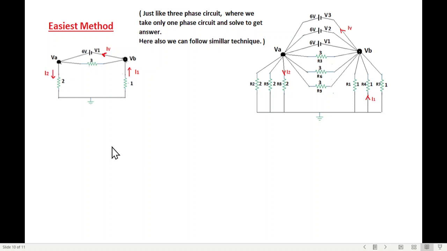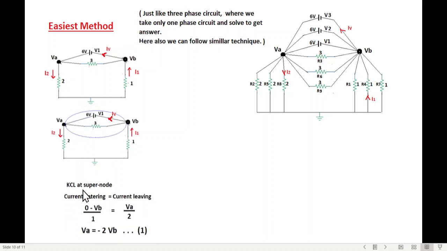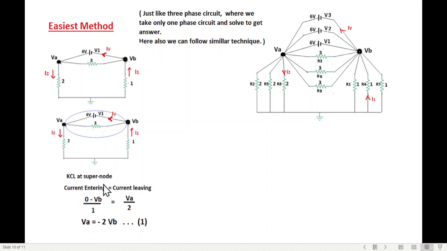Here also we have to find VA and VB, and we will just follow the super node method. Again we have already done this, but just as a repeat, we'll find KCL from here. So KCL, same technique: 0 minus VB divided by this 1 ohm resistance, and here VA divided by 2 ohm resistance, so VA is minus 2 VB.